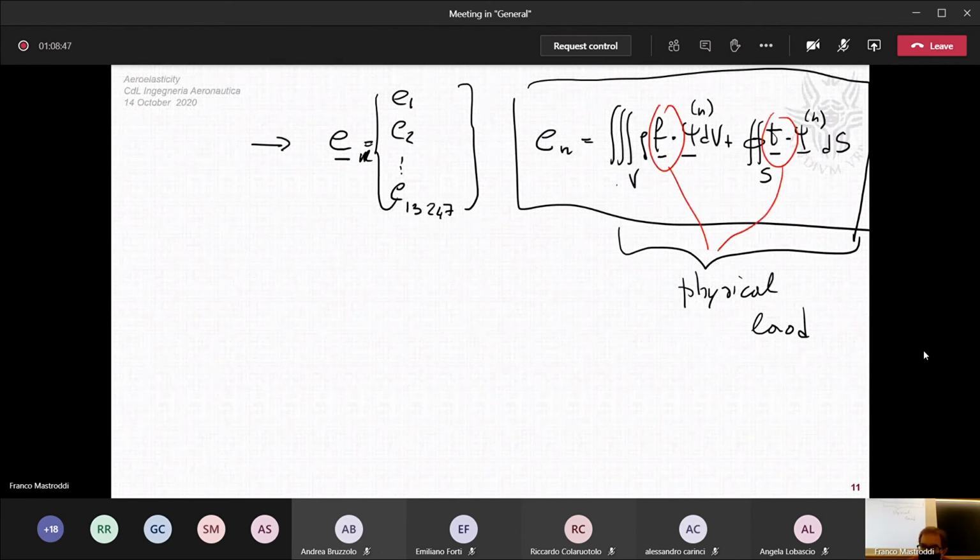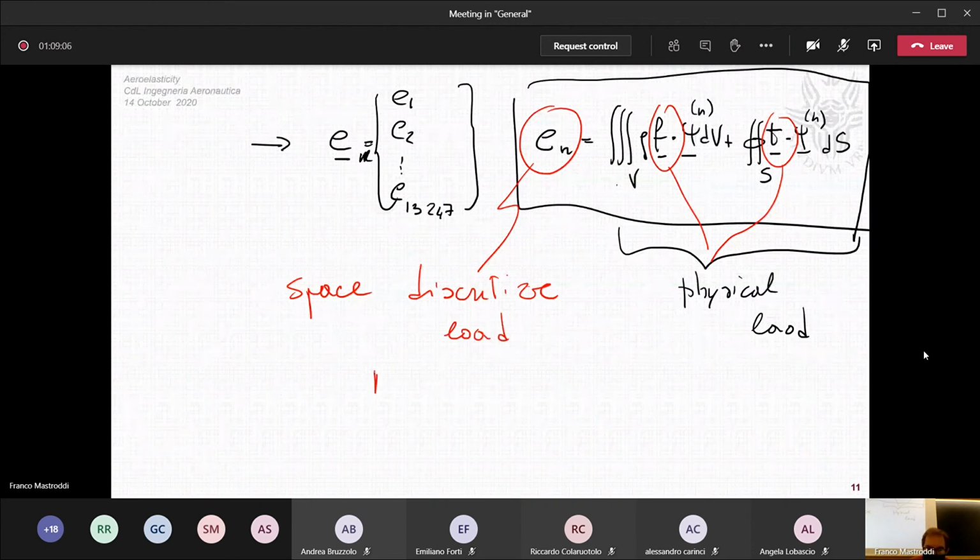These are the two physical vector fields acting on the wing, and this is the space discretized load.